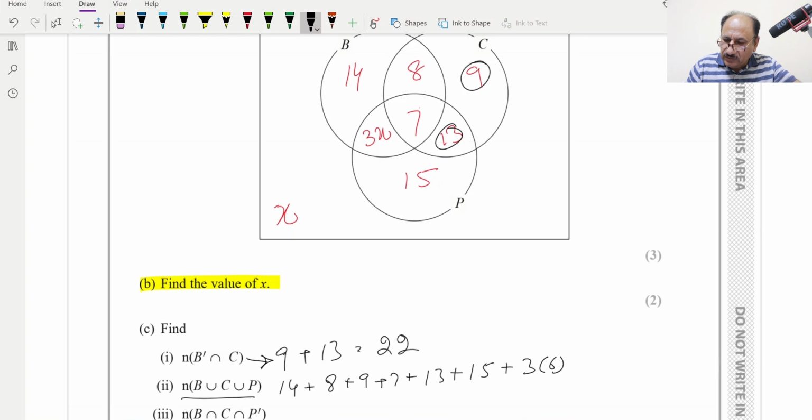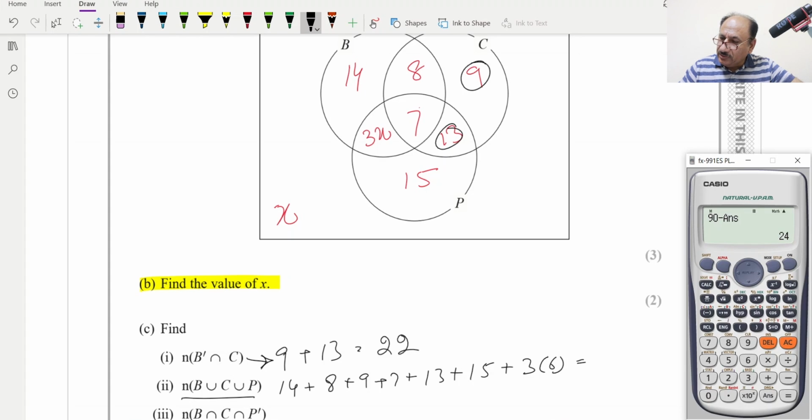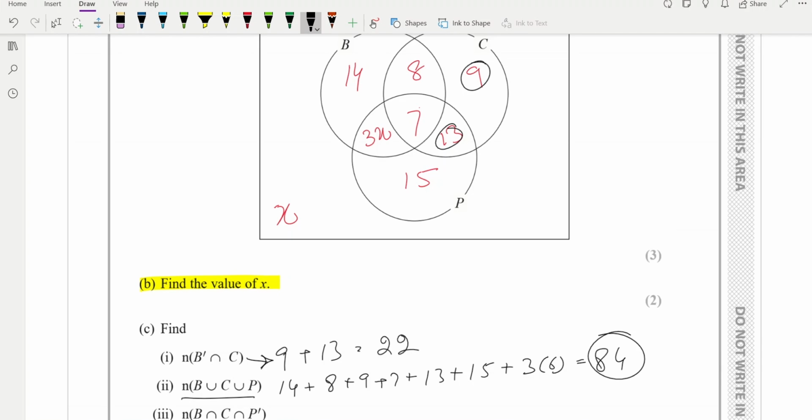We will calculate this: 14 plus 8 plus 9 plus 7 plus 13 plus 15 plus 3 into 6, which is 18, and this is equal to 84. So this number will be 84. This is 22, this is 84.